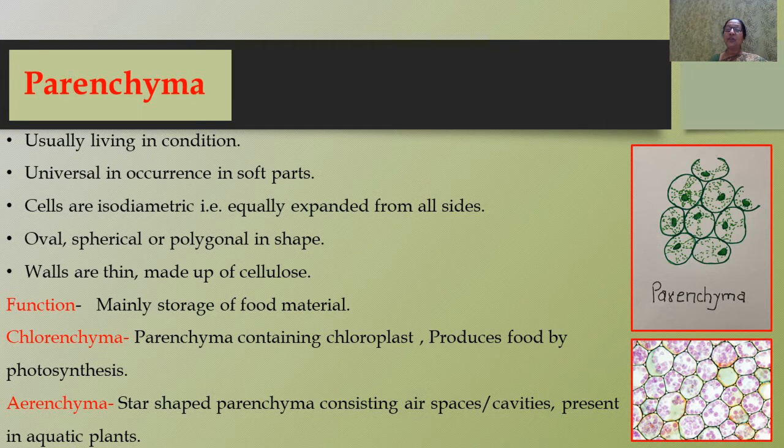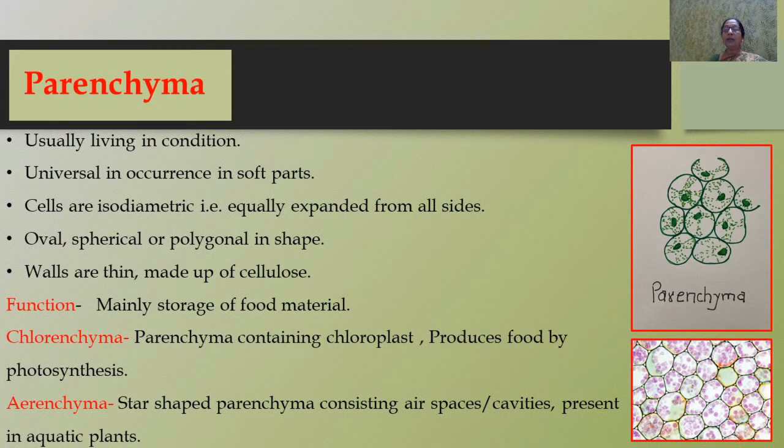Regarding their size and shape, they are oval, spherical, or polygonal in shape. Walls are thin, made up of cellulose, and their function is to store the food material which is produced in the photosynthesis process. According to their different functions, they get modified into chlorenchyma and aerenchyma type of cells.